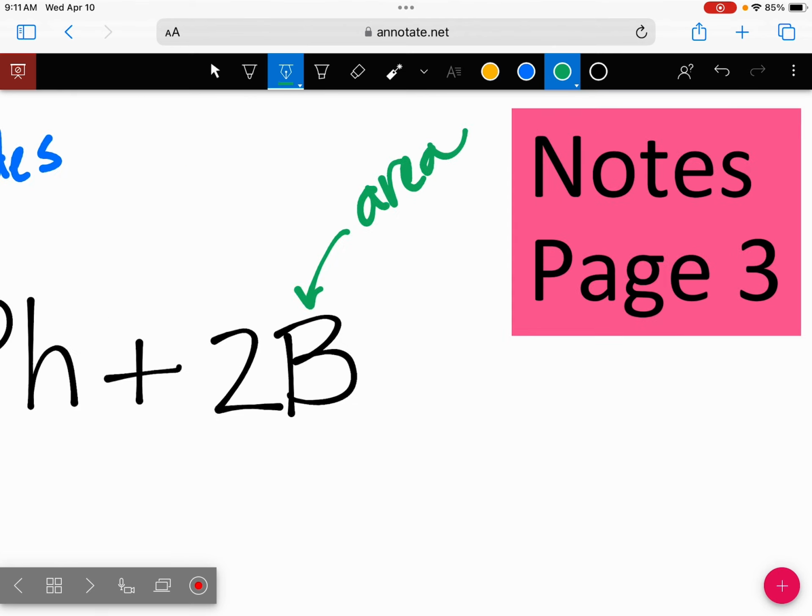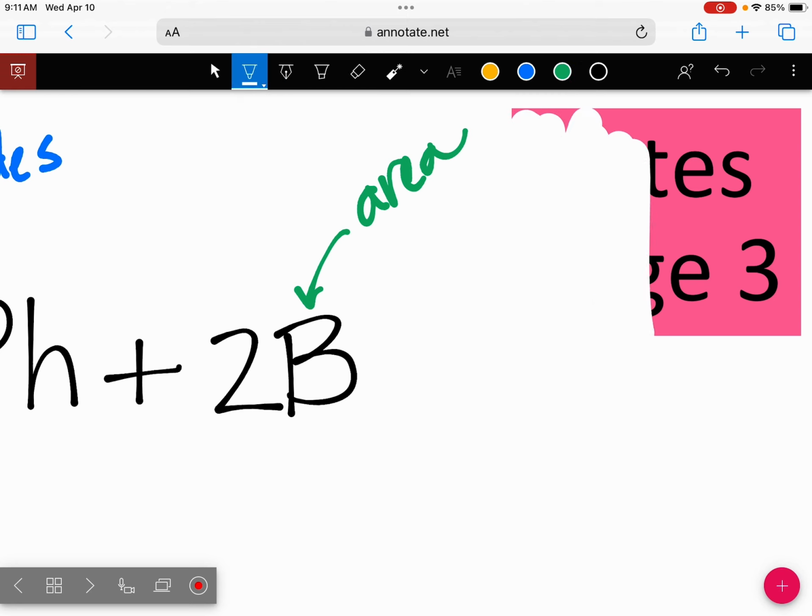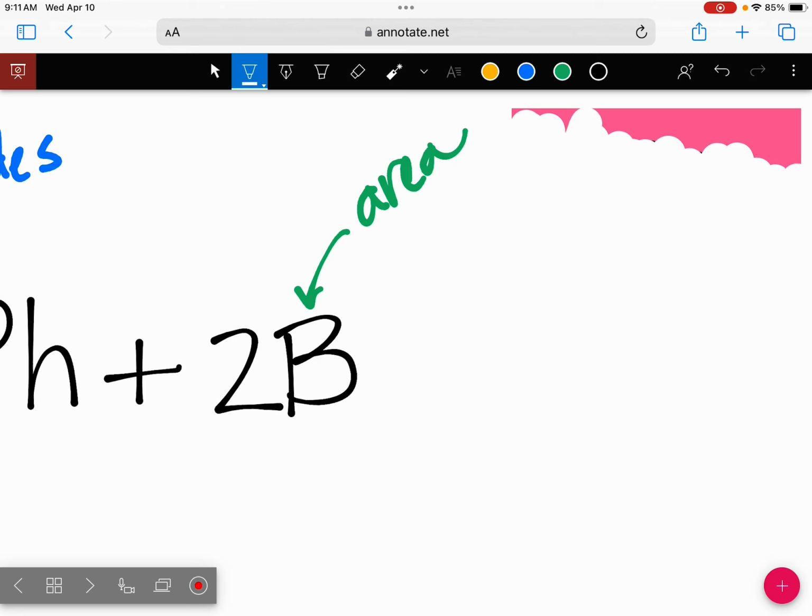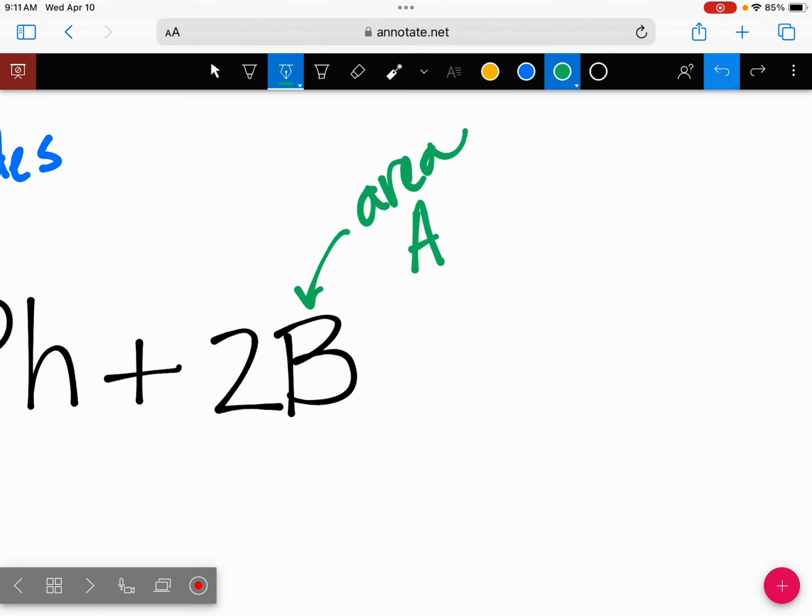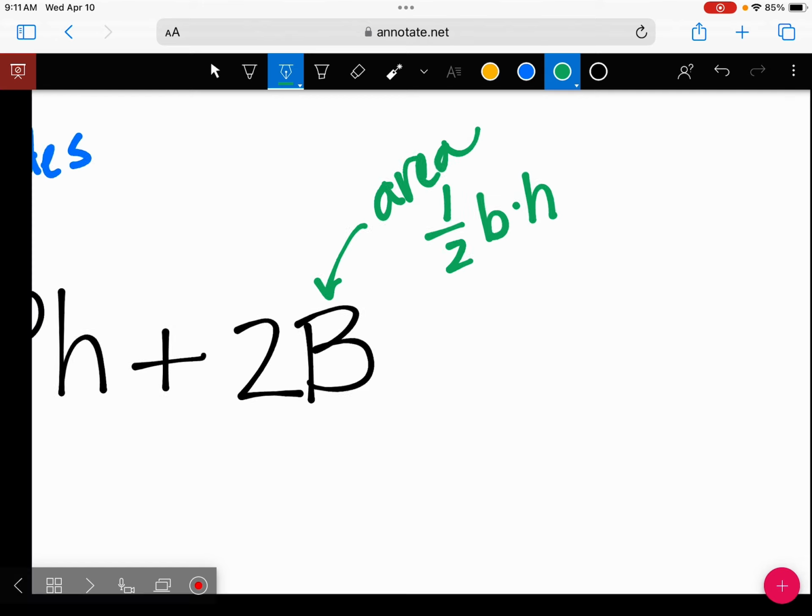So, area of a triangle is equal to 1/2 base times height. That's how you find that. So I'm going to give that to you.